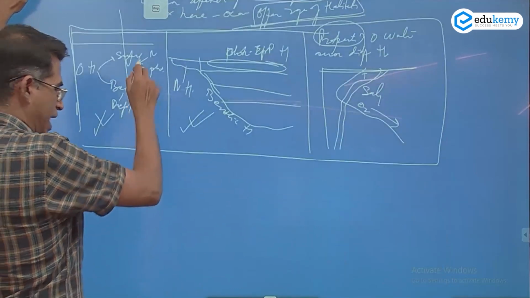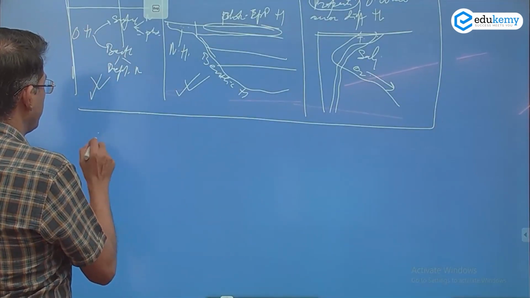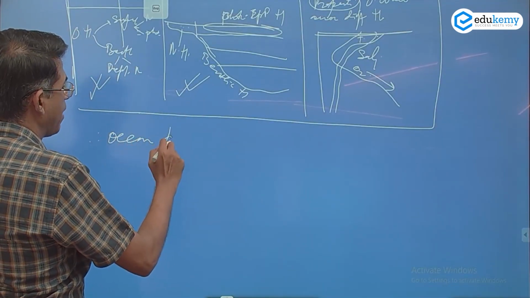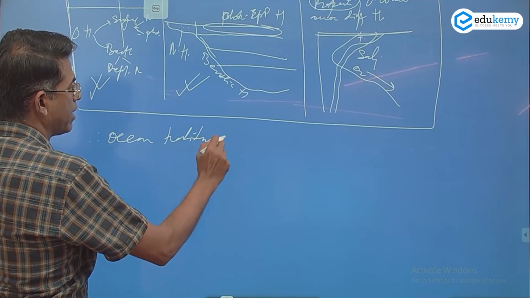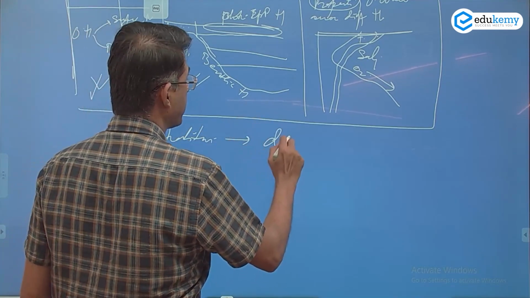So you can have 2-3 lines that ocean habitats are largely differentiated.